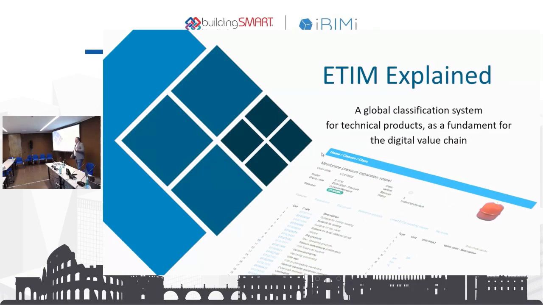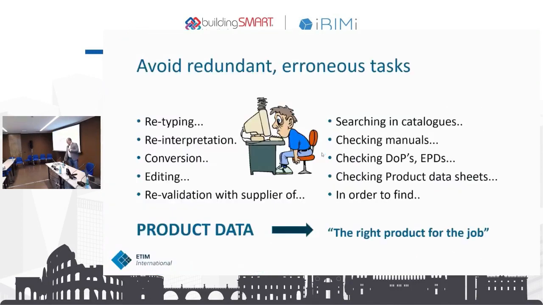Now we go deeper, and we go for the longer and more technical version. So what problem do we solve? We try to solve the problem of avoiding erroneous tasks. I worked for a manufacturer. I was asked to send in spreadsheets with product data, burn DVDs with JPEGs of images of products.